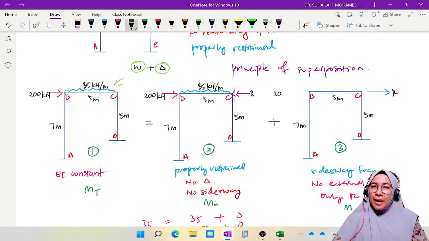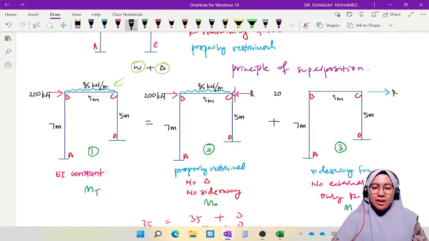But diagram number 3 is actually not representing table number 2. Table number 1 is represented by diagram number 2, because FEM for table number 1 can be calculated using W, which is given in the question.